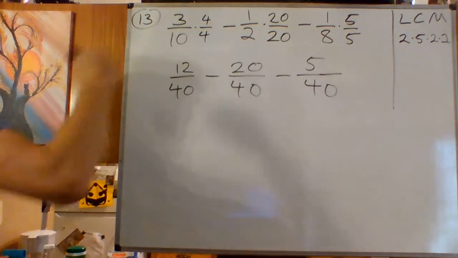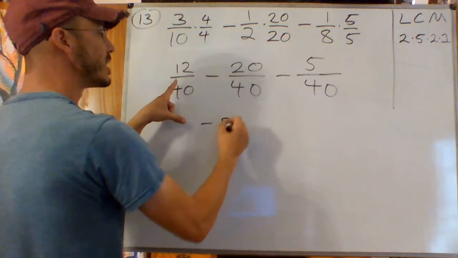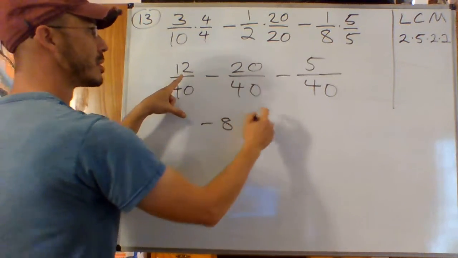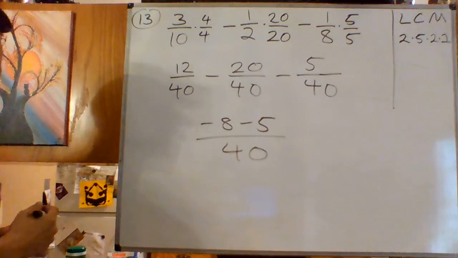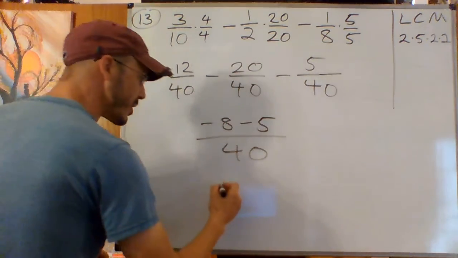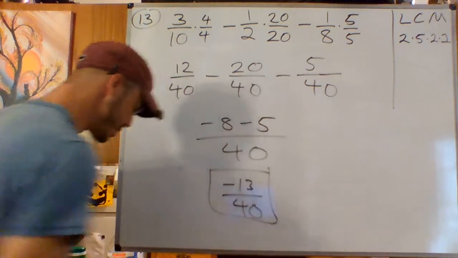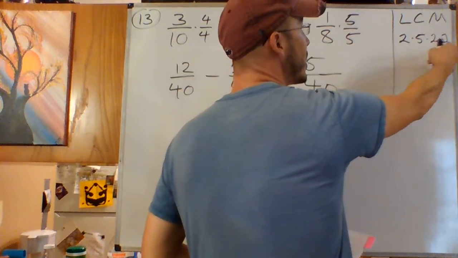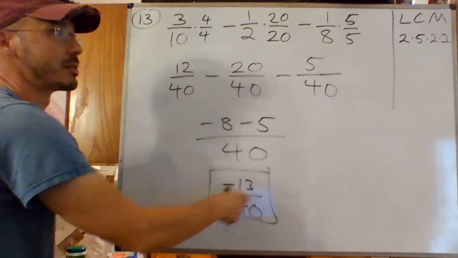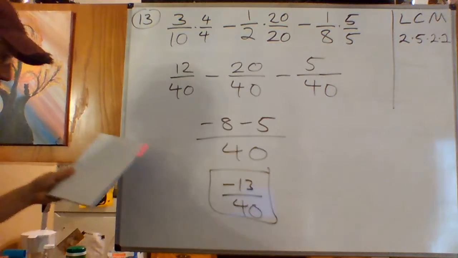And then I'm ready to just subtract numerators. 12 minus 20 is negative 8. Minus 5, that's over 40. So I have negative 13 over 40, and that's it. That won't reduce because 13 is prime, and it's not one of these primes, so there's no more cancellation.